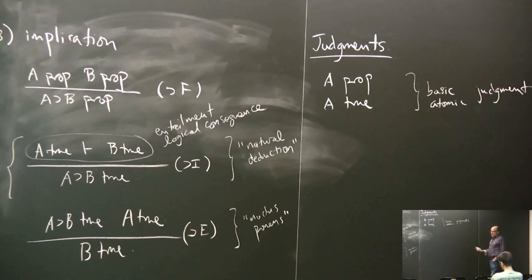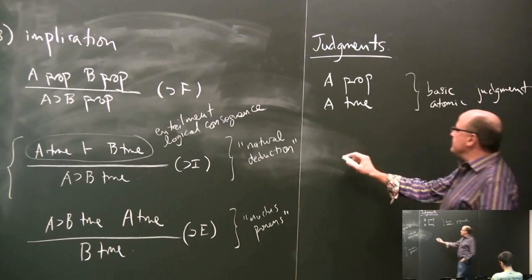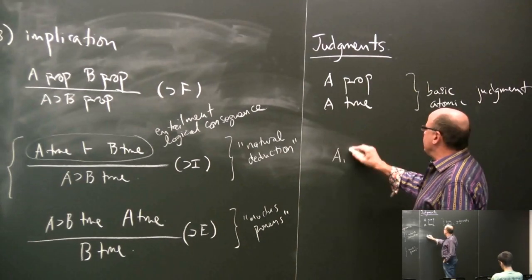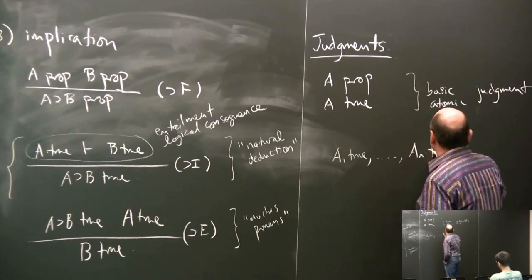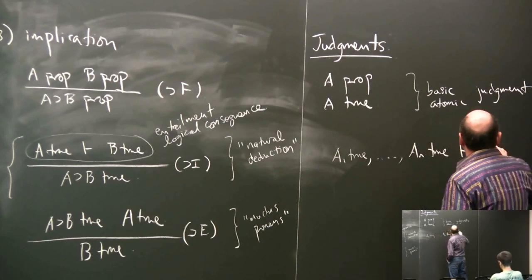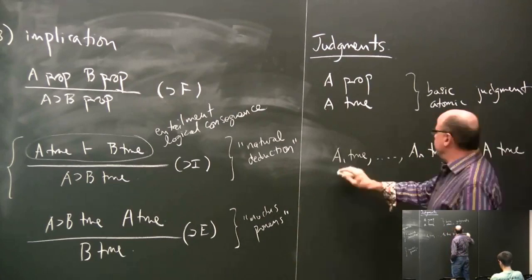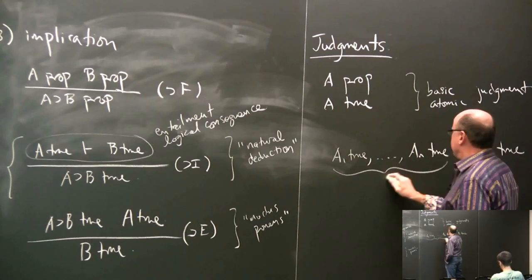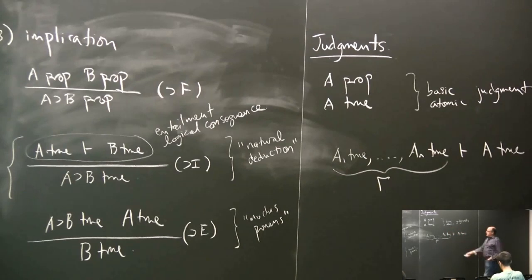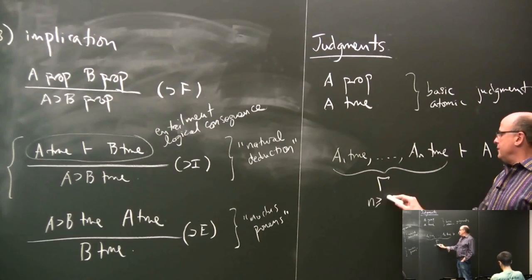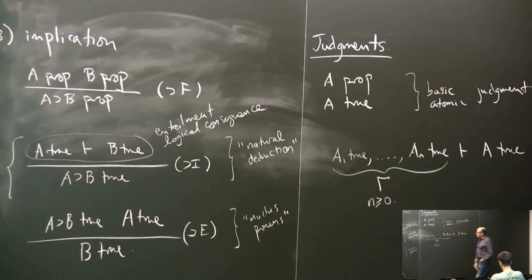At this level of simplicity, I don't need anything other than this very basic concept, logical entailment, written gamma, where n is bigger than or equal to 0. You can have any number here.